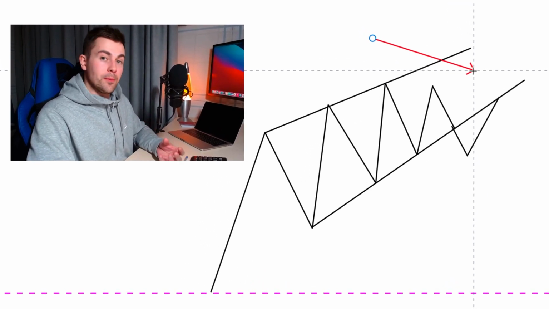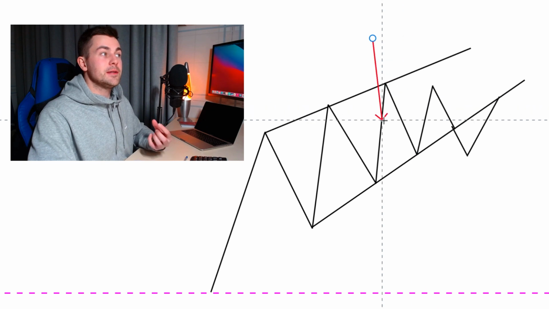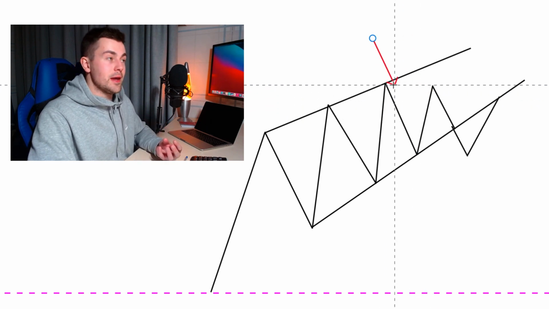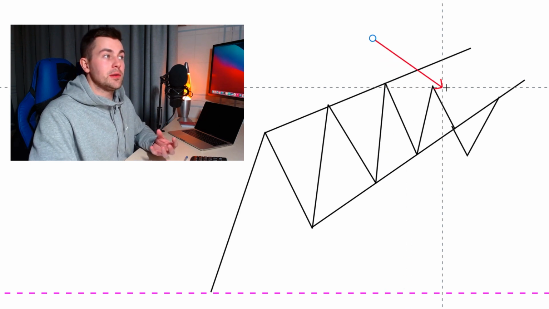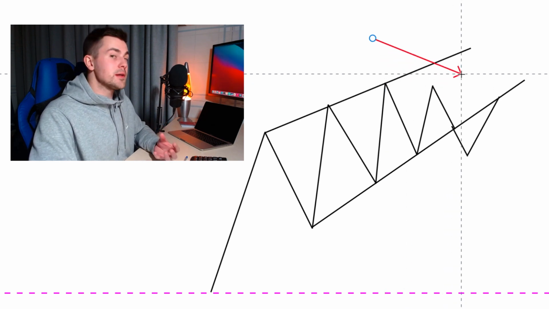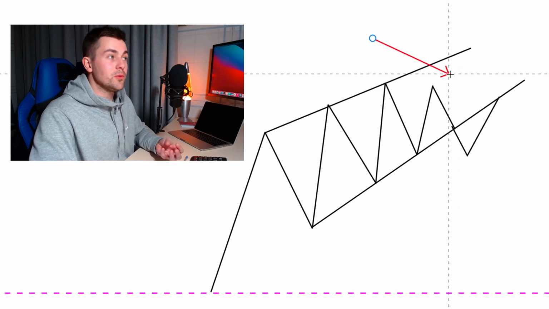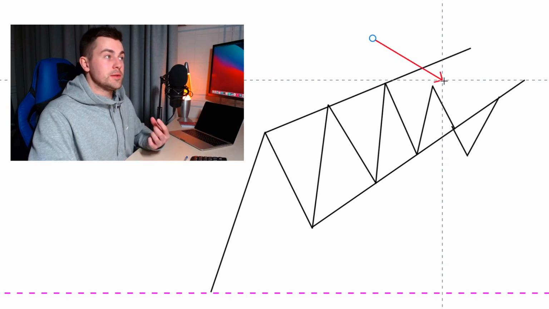Remember, the wedge pattern appears in a bullish trend, and it signifies the exhaustion of the market. So we say that this high right here is the last high, and from here the bearish trend will initiate. But if the price goes above that, if the price sets a new higher close, then we are wrong in our predictions. I hope this logic is clear.